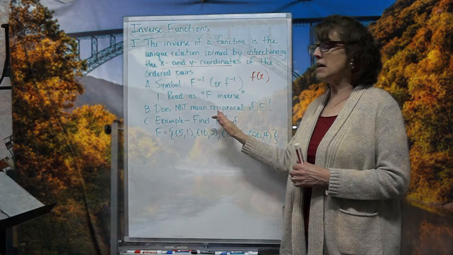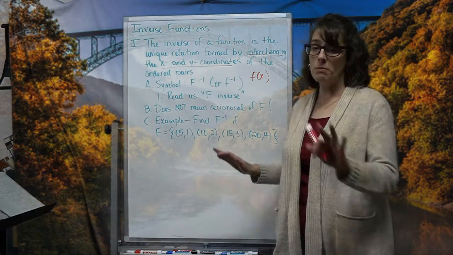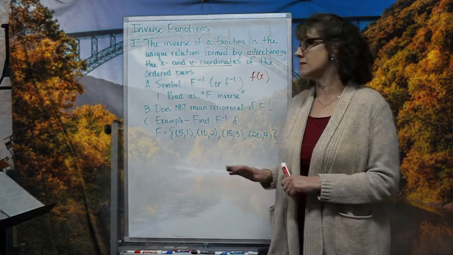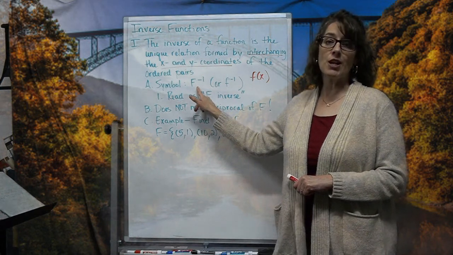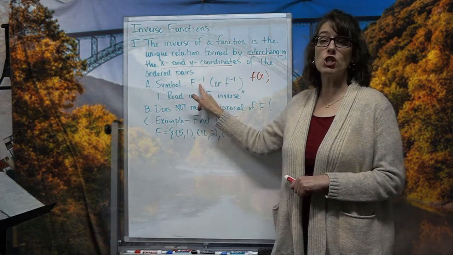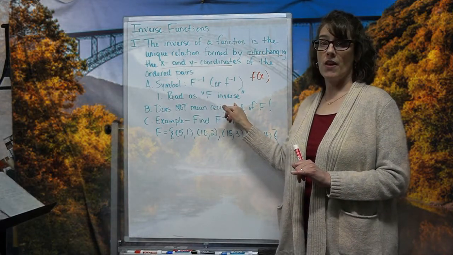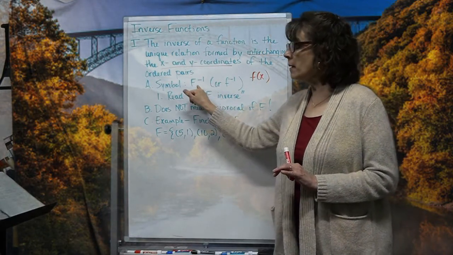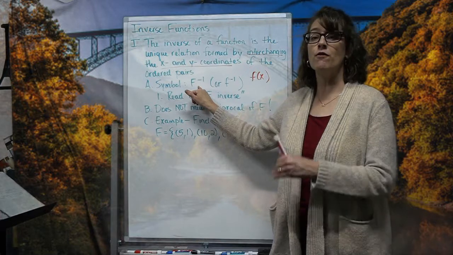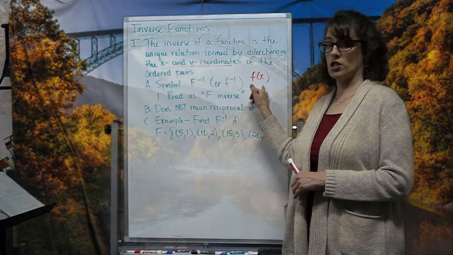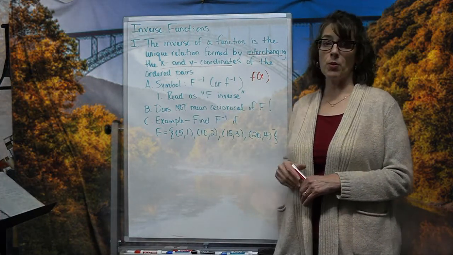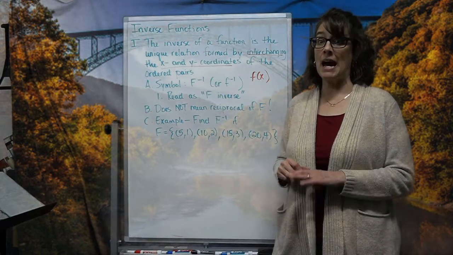This does not mean the reciprocal of f. By no means. This is simply notation, and you should read it as f inverse. It simply means the inverse of this function. Again, not reciprocal. This is not an exponent at all.